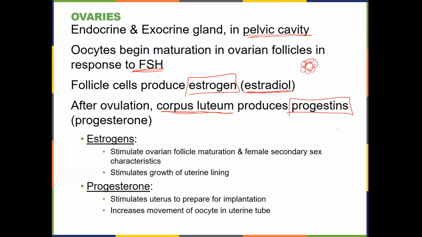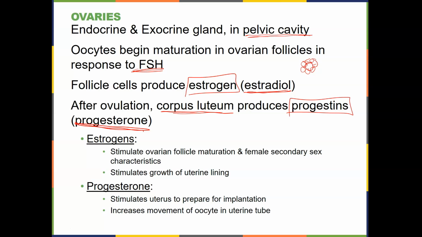So after estradiol goes down, progesterone starts going up. Okay, actually, I should underline this. Yeah, because progesterone is the hormone, progestin is the group. Progesterone starts increasing to prepare the lining of the uterus for implantation of the fertilized ovum.